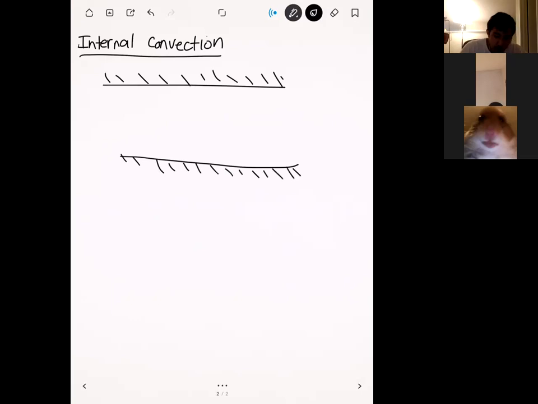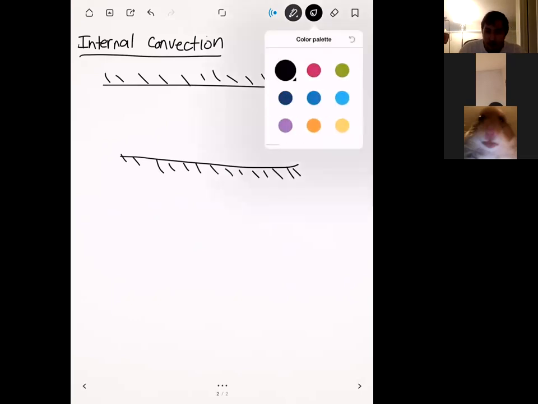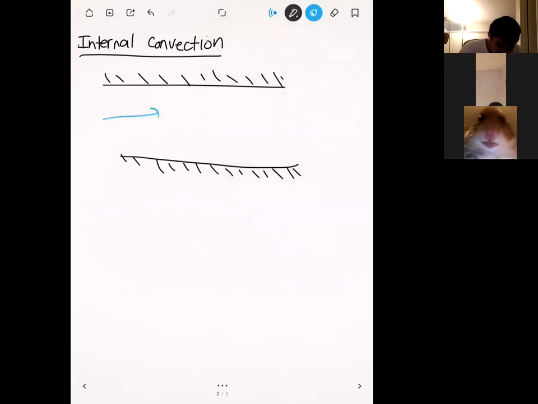Most commonly you'll see this occur in some kind of cylindrical pipe.